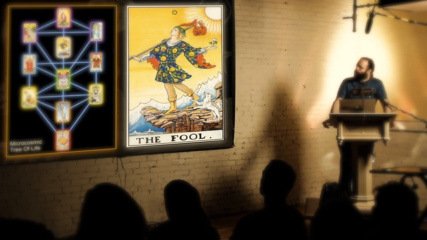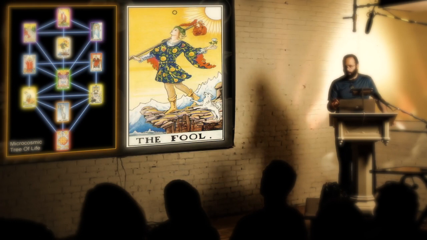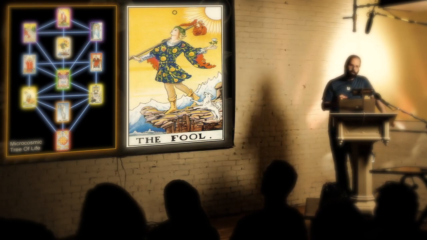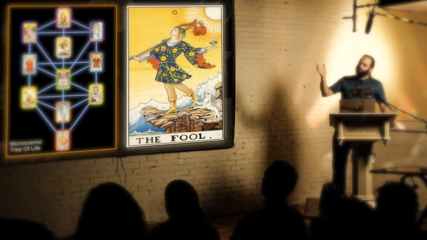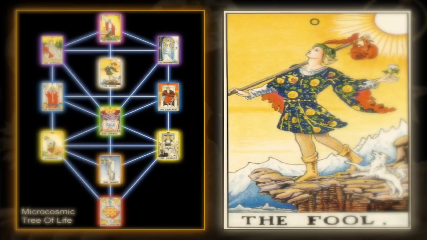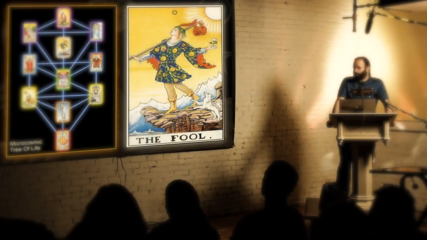So what I did right here is I took the first 11 cards of the major arcana, and I dealt them in a very specific progression onto the Kabbalistic tree of life. We're going to do the same for the second 11 cards with the macrocosmic tree of life. All right? So, 22 cards in the major arcana. 11:11.